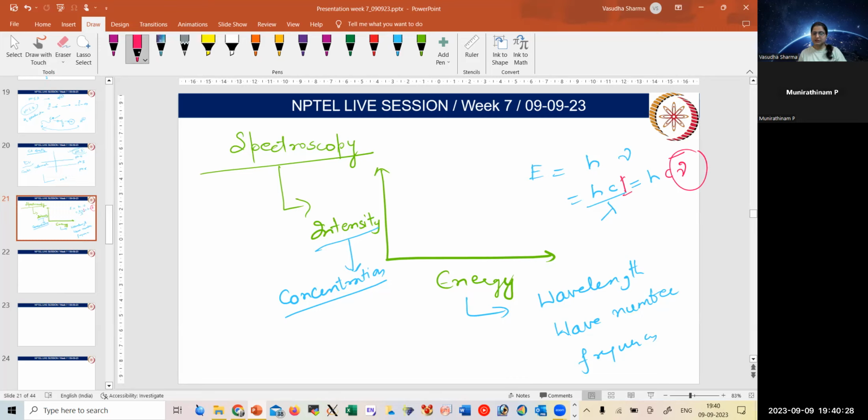So intensity is dependent on the concentration. It says how much quantity of your sample has been absorbed or is interacting, right? So this becomes a quantitative analysis.